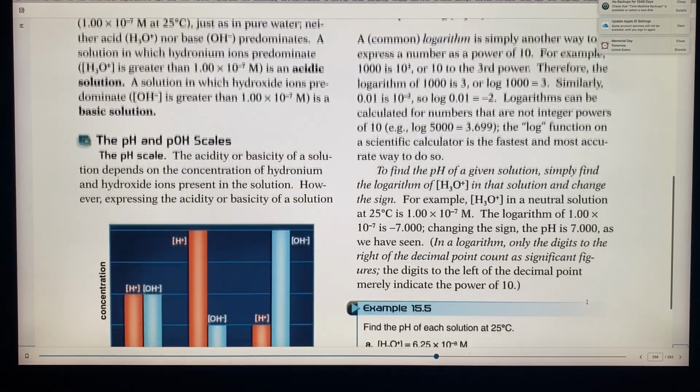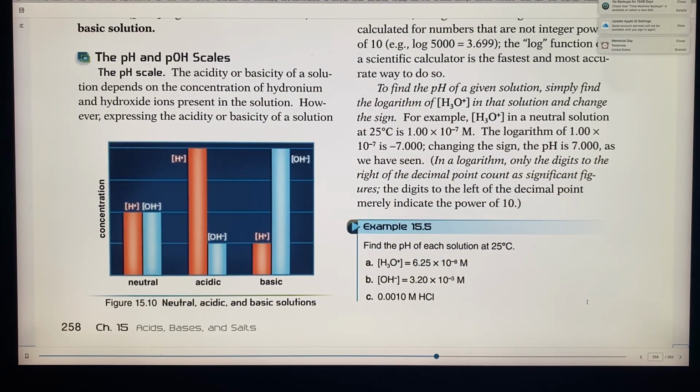So let's talk about this pH scale here. The acidity or basicity of a solution depends upon the concentration of the hydronium and hydroxide ions in the solution. This is the way we can test to see if it's neutral, acidic, or basic.